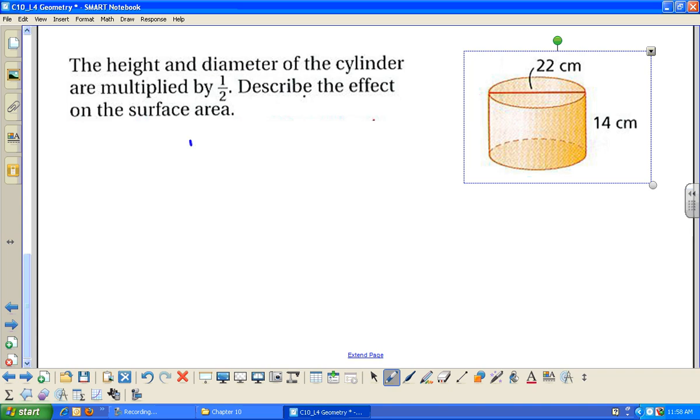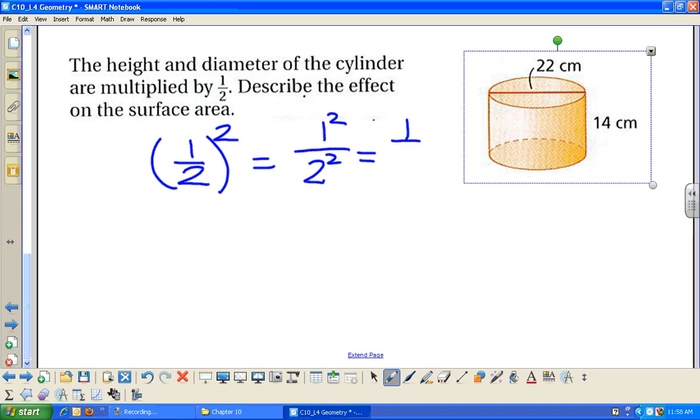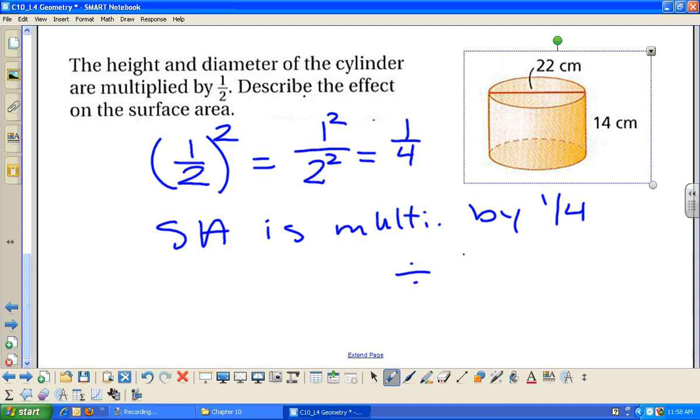But since surface area is squared, I'm going to square whatever is getting multiplied by each side length. 1/2 squared is going to be equal to 1 squared over 2 squared, which is going to be 1/4. So you can say the surface area is multiplied by 1/4, or you could say it's divided by 4.